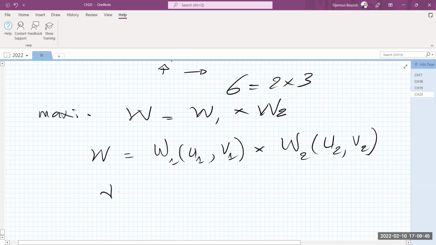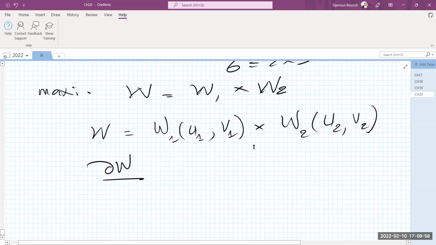That means its derivative, because it can depend on other variables, so I really have to use partial derivatives. Its derivative with respect to any of these, that's the only one that changes, because the volumes are fixed. So in this process, the derivative with respect to either one of these variables, let's call it, I'm sorry, U1, must be equal to 0, because it's maximum.